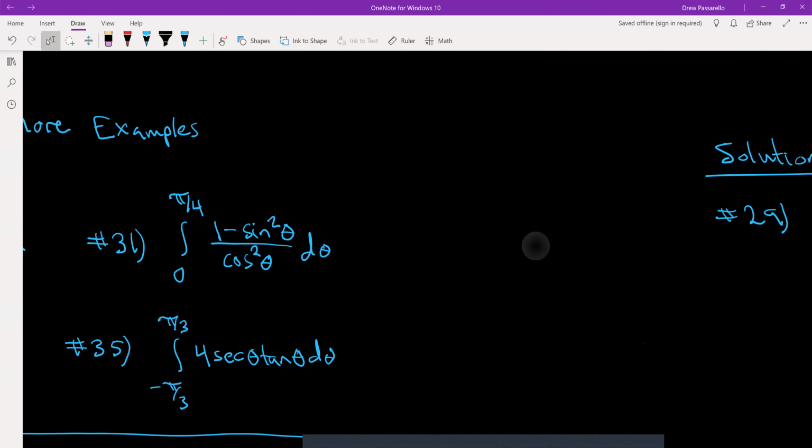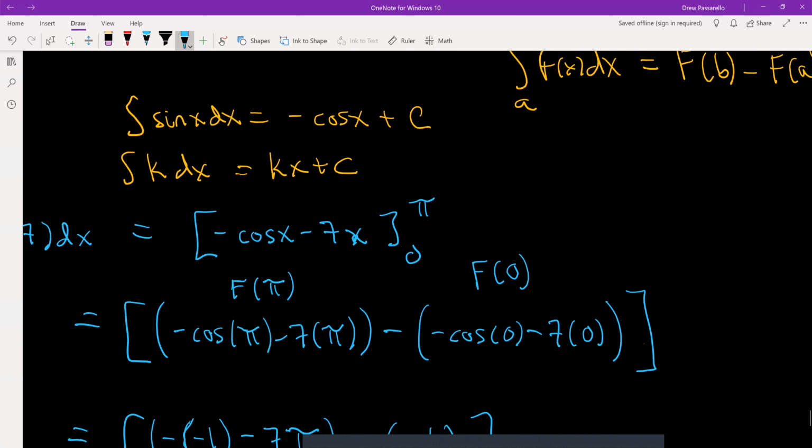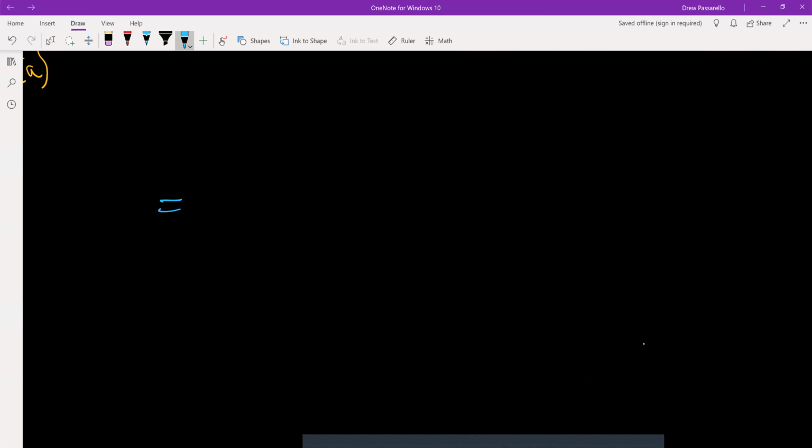Next one's 35, and it's the integral from negative pi over 3 to pi over 3 of 4 secant theta tangent theta. All right, and if you go look at the integration table, when you integrate secant tangent, that turns into secant.